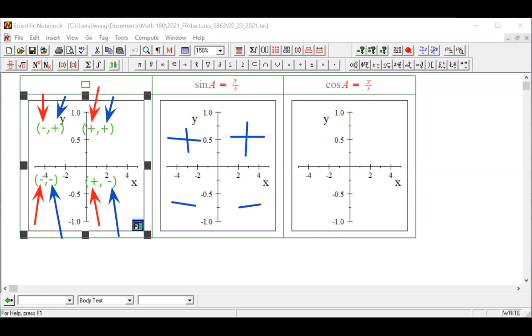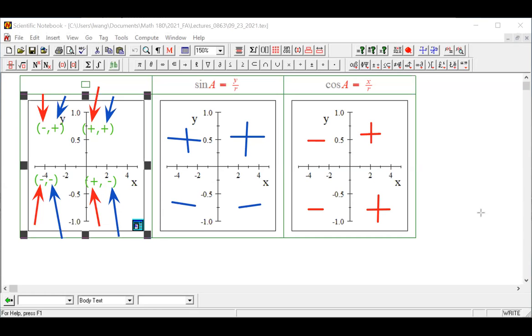Do you guys see the red? So cosine is positive, negative, negative, positive. Do you guys follow me? So you don't have to memorize these things, it's because it's in the definition. That's what I meant. You follow me?